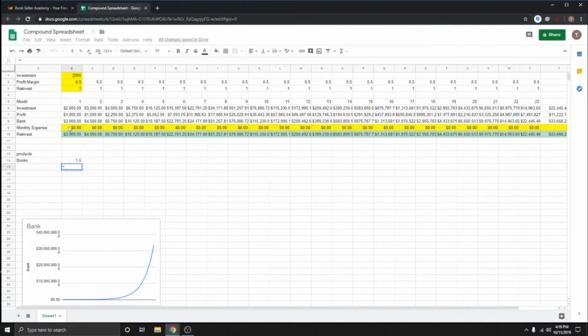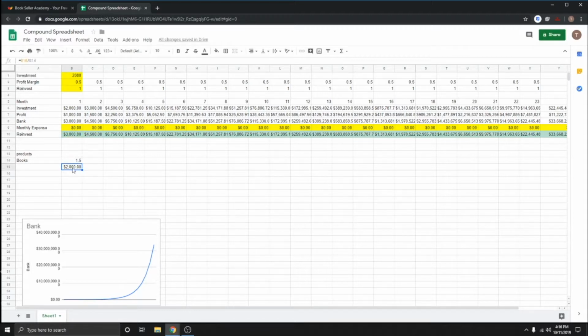How many books do I really need to get? And if I'm not having any monthly expense, how much do I really need to source? So the question is, from a sourcing standpoint, I'm reinvesting $3,000 just to make this a lot simpler. So 3,000, and we're going to divide that by $1.50, the cost on the books itself.